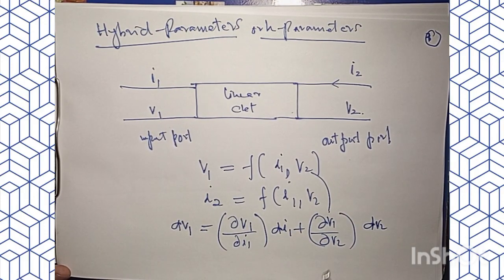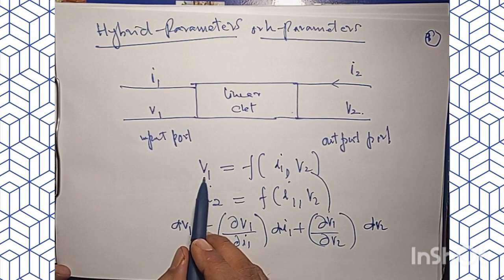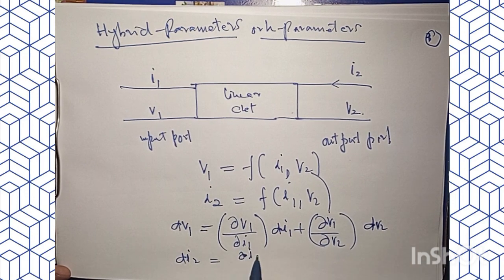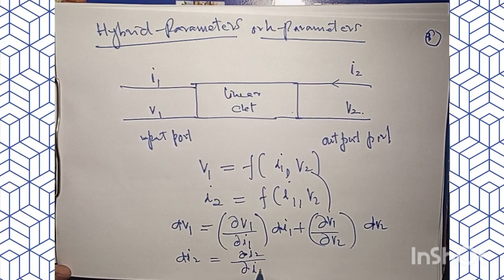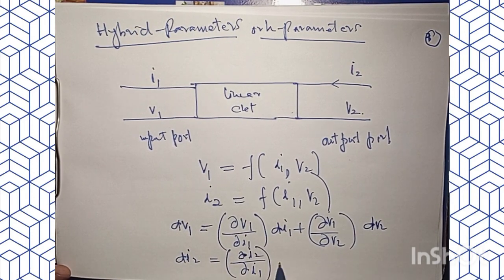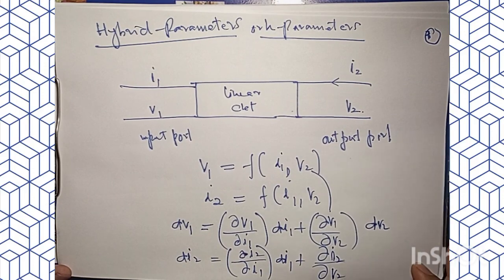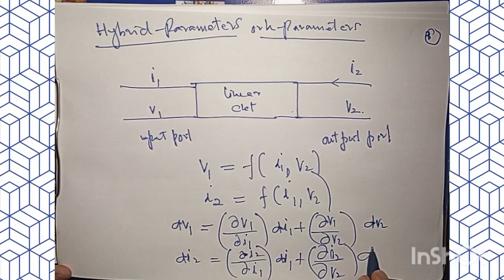Okay, this will be the total differential for this equation, and the total differential for this equation will be dI2 equals dou I2 by dou I1 times dI1, plus dou I2 by dou V2 times dV2.